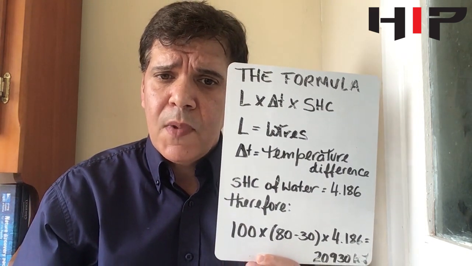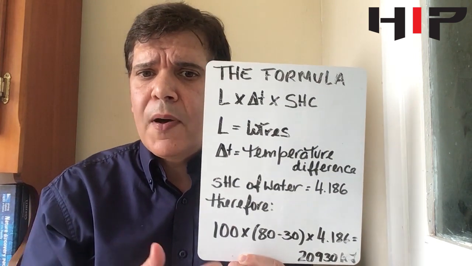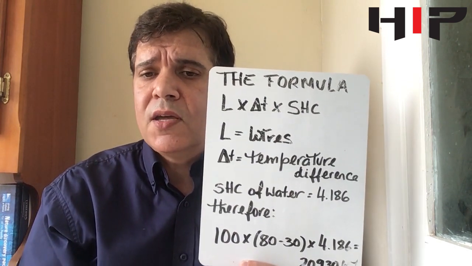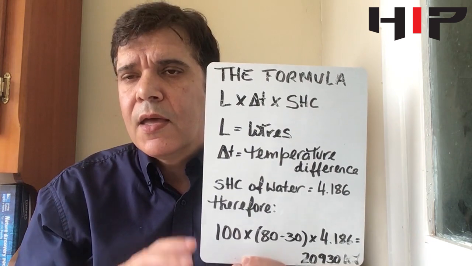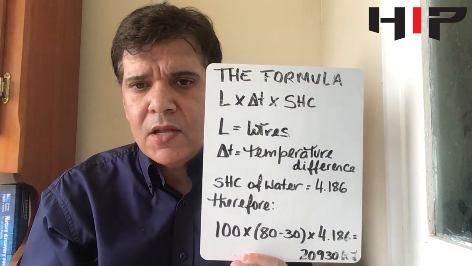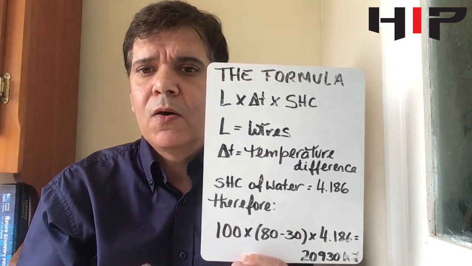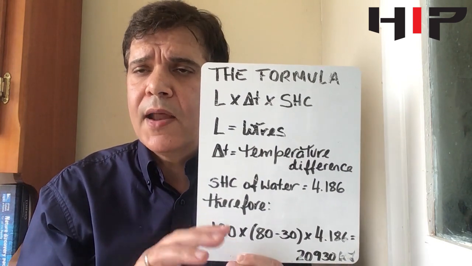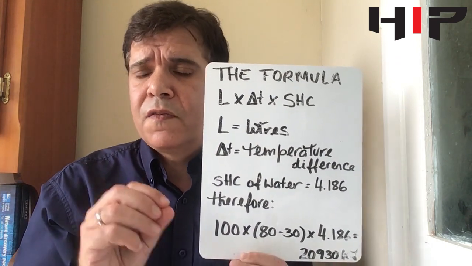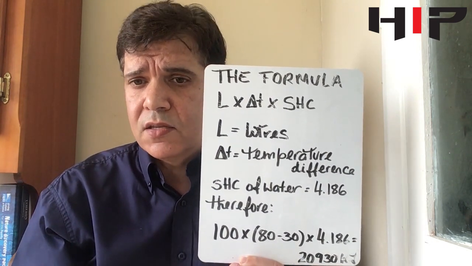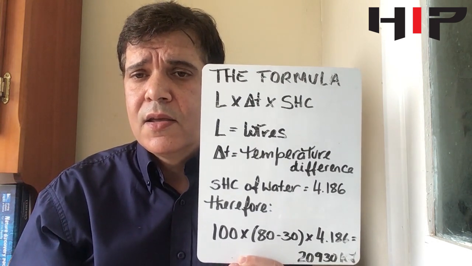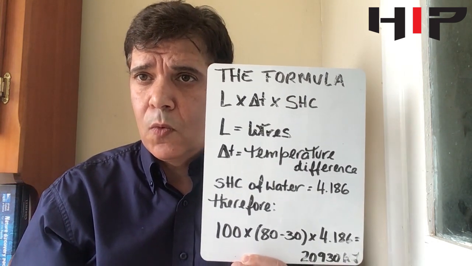Also, many people ask me what power is required to heat up the water in an hour. Assuming there is no energy lost in the system, an hour contains 3,600 seconds. So we're going to convert kilojoules to kilowatts.